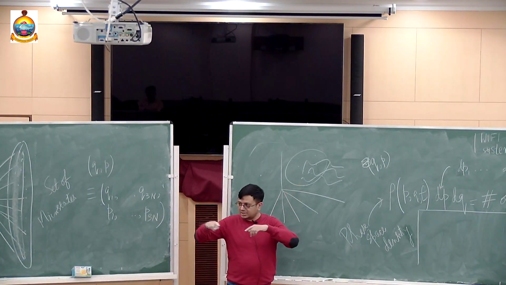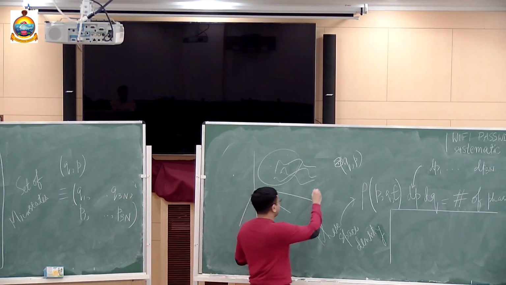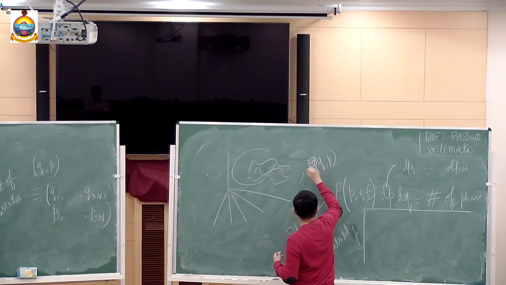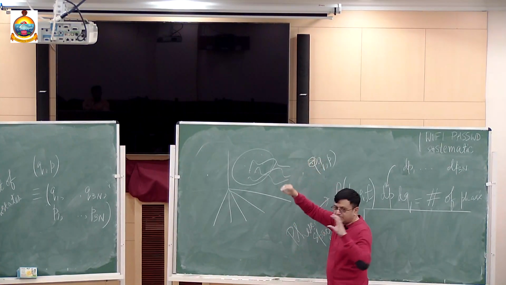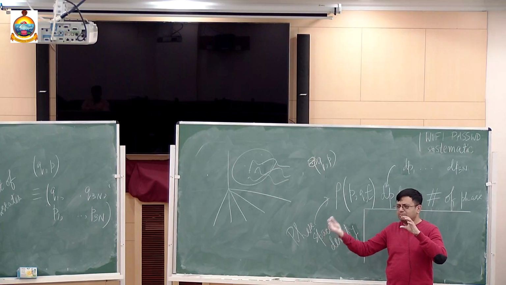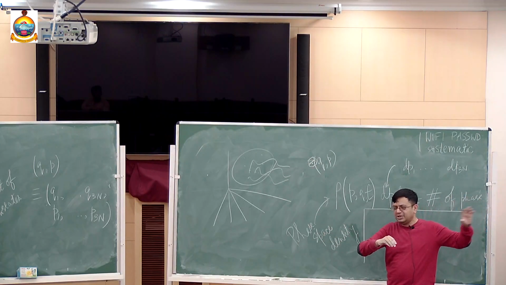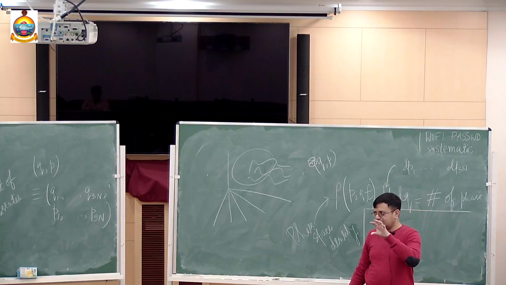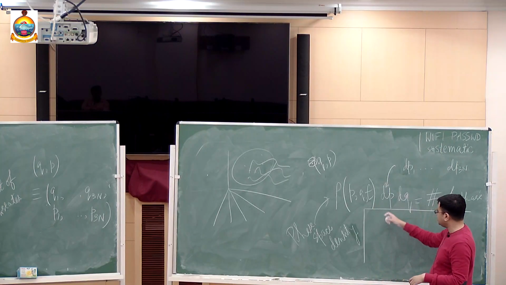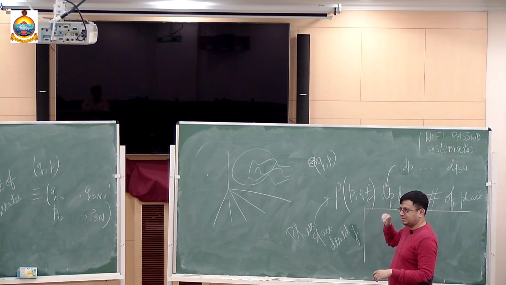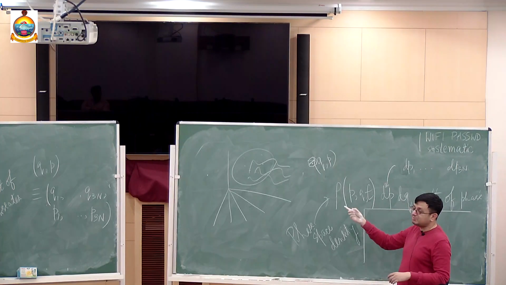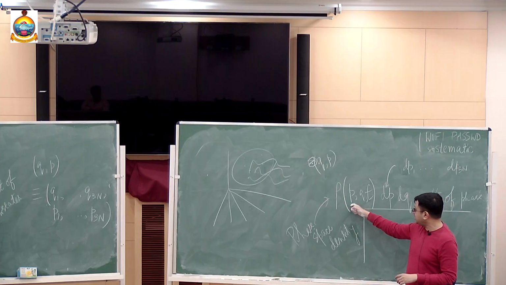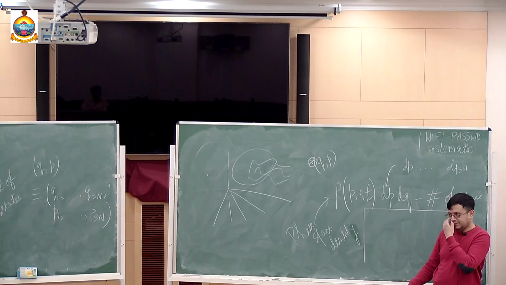So each microstate is evolving in time, and even if I stay at one point, it might so happen that in this unit volume some points enter, some points leave. So there will be changes in the number of points that I measure in that unit volume. So there is an explicit time dependence, and there may also be an implicit time dependence, because p's and q's themselves depend on time.